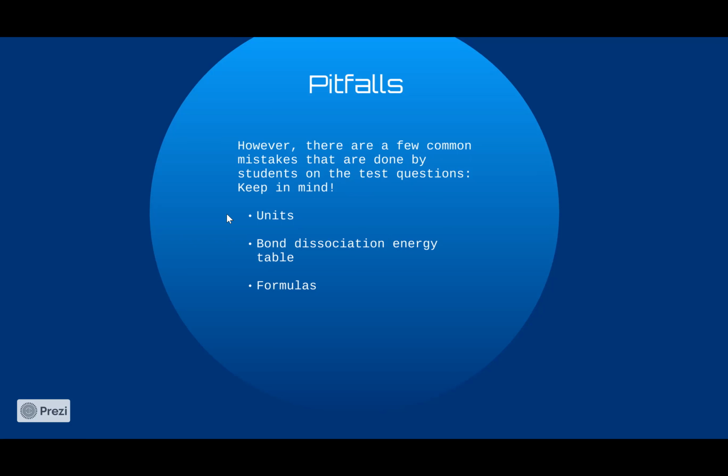Next, we have the bond dissociation energy tables. Again, many students don't really understand how to use this table properly and get the wrong value, which we can call a deadly mistake. The purpose is that we have to determine whether the overall reaction enthalpy is endothermic or exothermic.